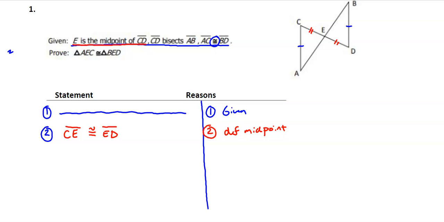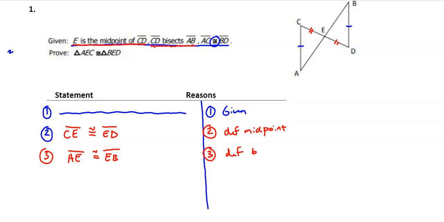It said CD bisects AB. So CD bisects AB. So that means AB got cut in half as well. So I think from that clue, I can say that AE must be congruent to segment EB. How do I know that? Well, because I know what a bisector is.